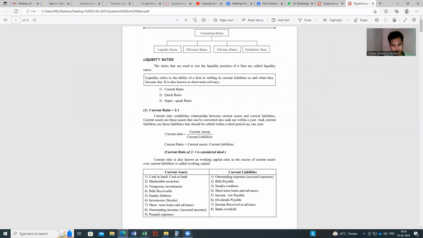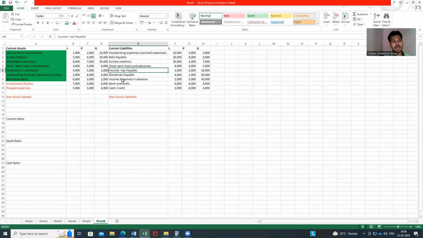Listen very carefully in order to make you understand this short-term loans and advances. ये current liabilities में भी दिख रहा है और current asset में भी. If you have given loans and advances to others, then it would be a part of current asset.